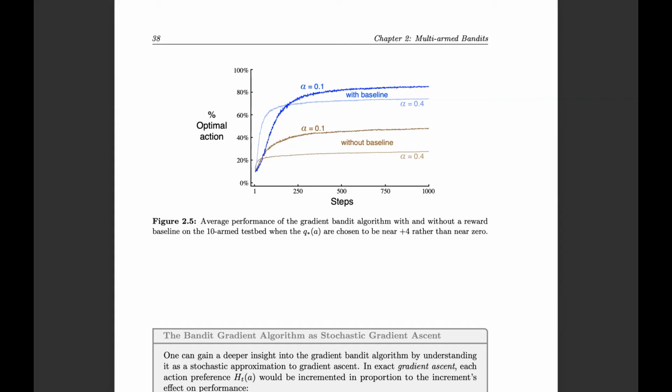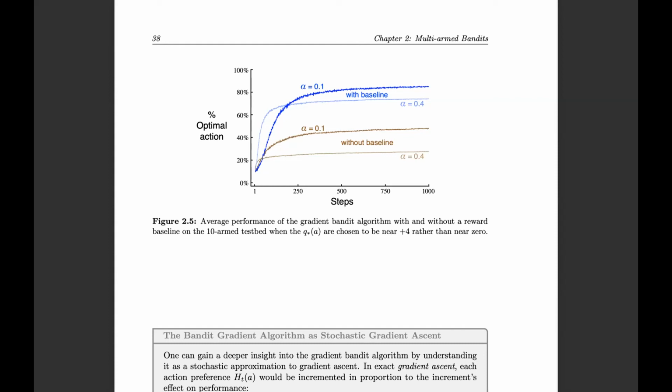But from a top level perspective, it does not have any interpretation in terms of rewards. It's just that if we go a level deeper and try to understand the intuition behind the action preference. So that's, I think, what this gradient-based algorithm is trying to convey.